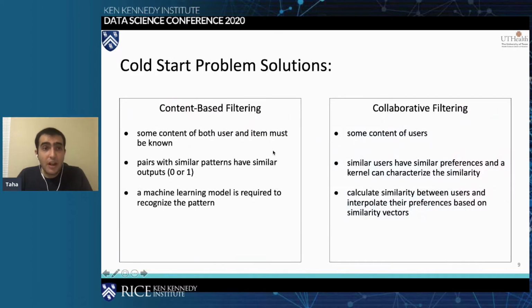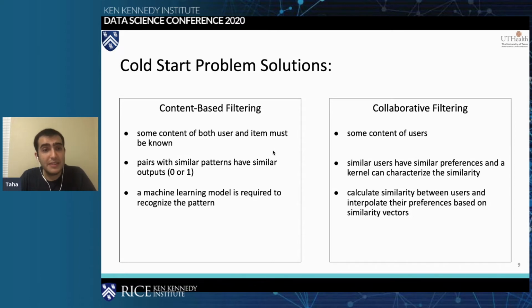So before explaining our method, let me talk a little bit more about cold start problem solutions. There are usually 2 types of solutions. The first one is content-based filtering, and the second one is collaborative filtering. In content-based filtering, we need to know some content about both users and items. In our problem, it can be the genetic expression, gene targets, and fingerprints.